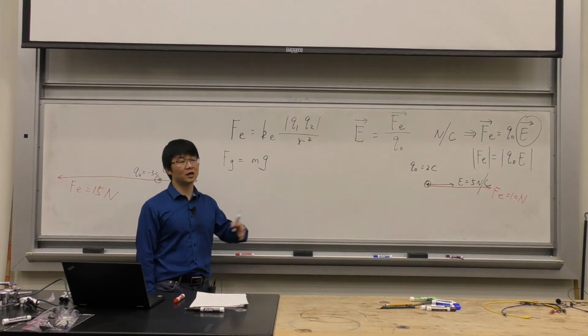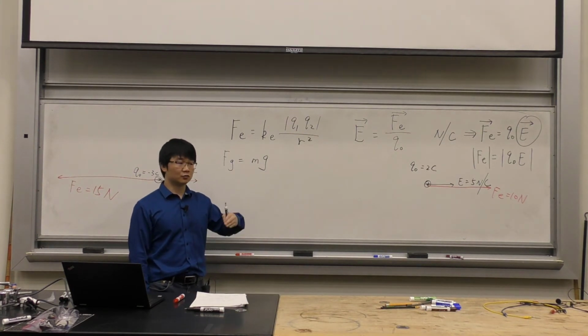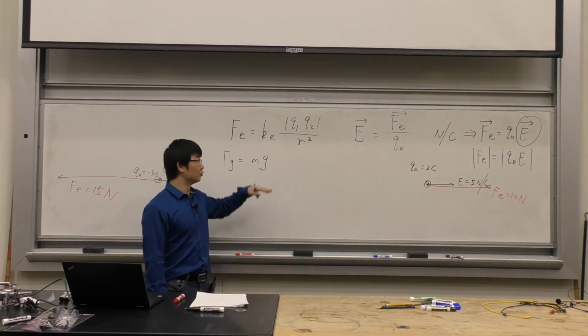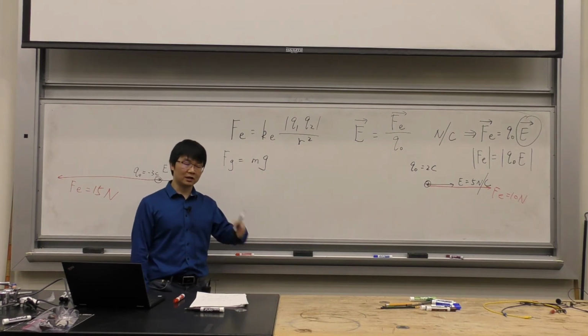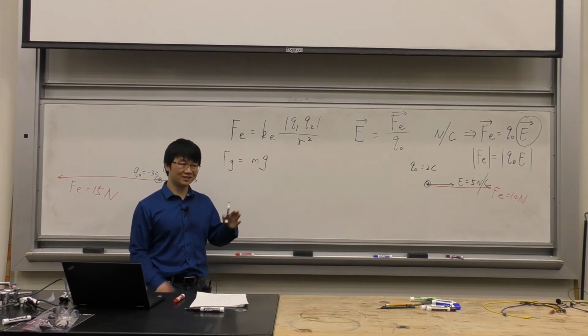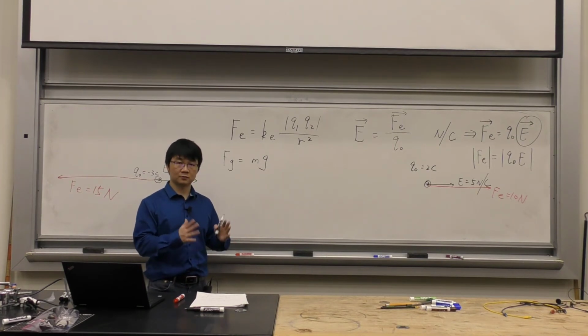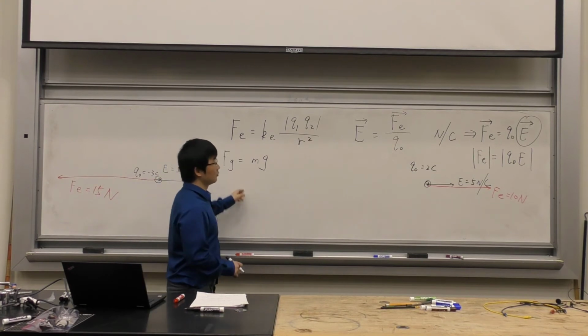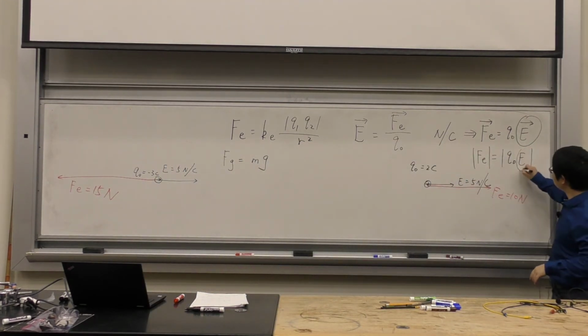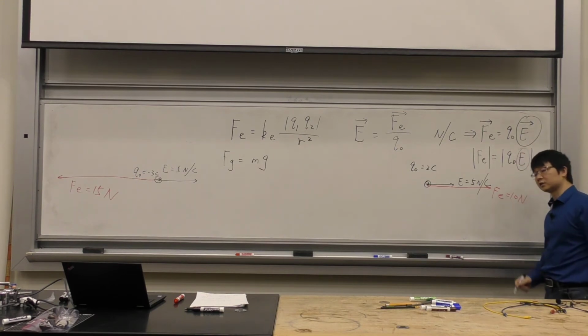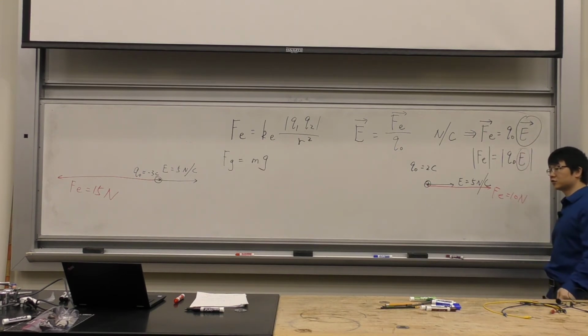Don't ask me another question with a different mass. You know the rule. Multiply the mass by 9.8. You get the force. You can ask me a different type of question, but this type of question, we're done. That's similar to this. Once I have calculated the E at a specific point, I put different test charges there.